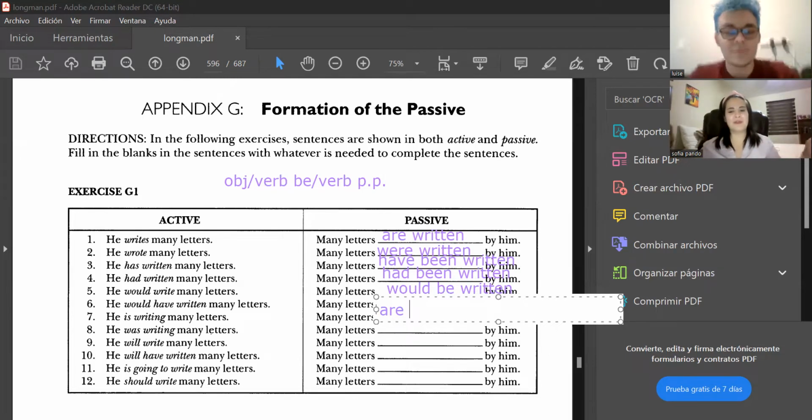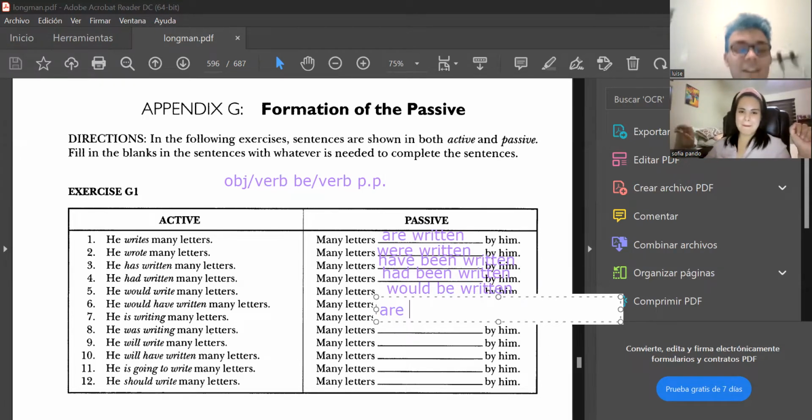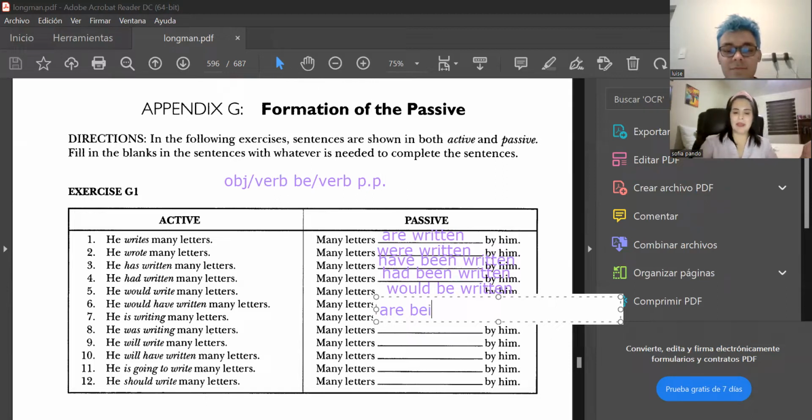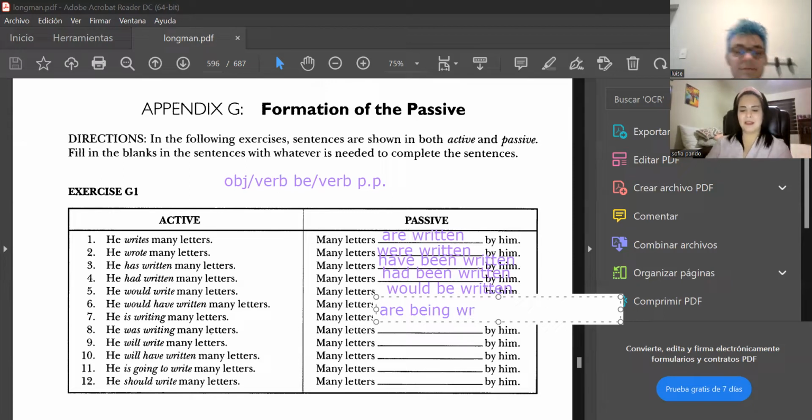We're going to use two verbs to be, and that was it. Okay, I don't have an idea. Really? Well, in this case, we continue with a base form, but now we simply add ing. That's it, my man. So we have are being, and then you add your verb. Simply as that. And we have are being written, right?